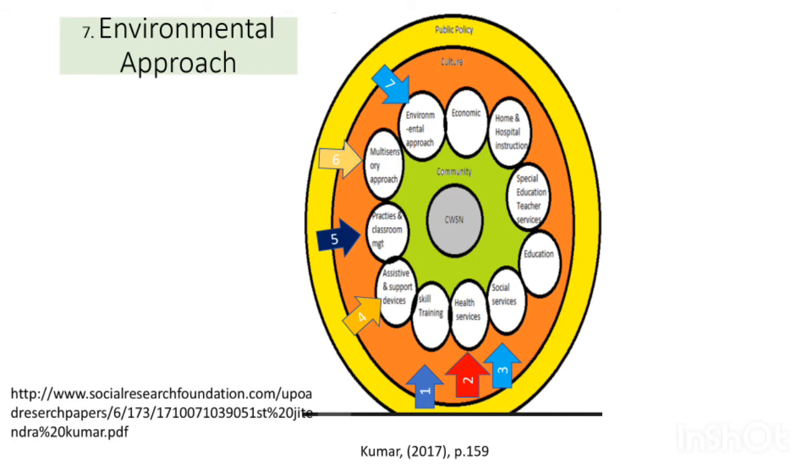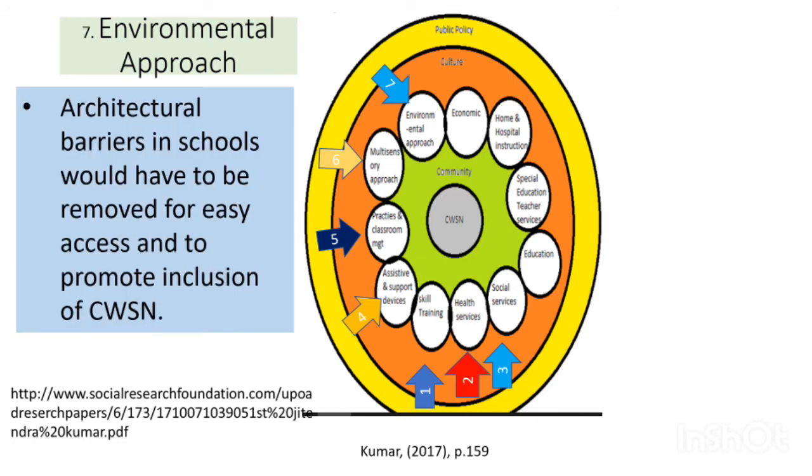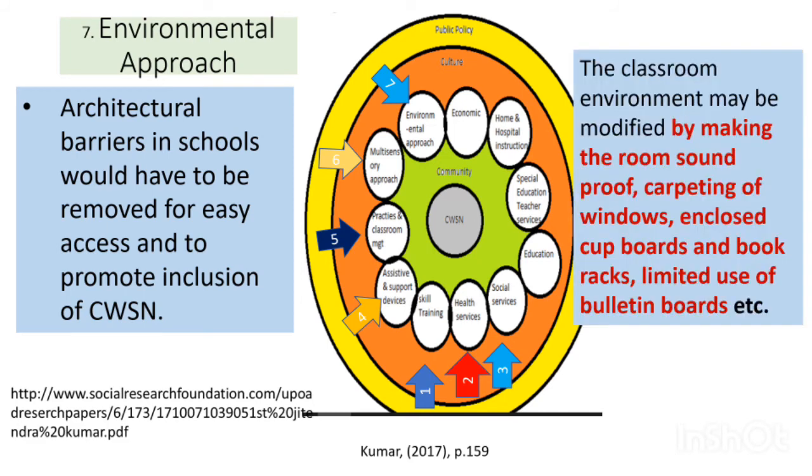Next is the environmental approach. It says in here that architectural barriers in schools will have to be removed for easy access and to promote inclusion of children with special needs. The classroom environment may be modified by making the room soundproof, carpeting, covering of windows, enclosed cupboards and book racks, limited use of bulletin boards, etc. So efforts should be taken to provide all kinds of disabled-friendly facilities in schools and educational institutions.